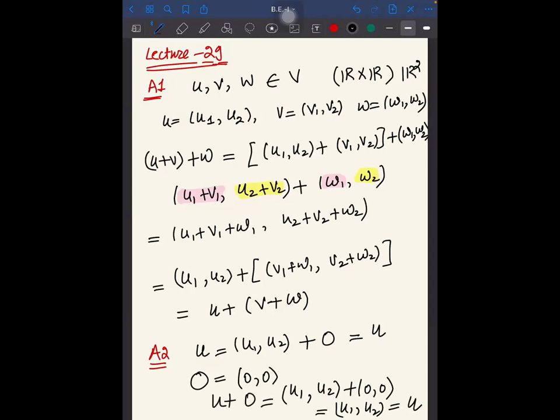If instead of R2 I'm working with R3, then u will look like (u1, u2, u3), and 0 will look like (0, 0, 0). So it depends on which kind of set we are working with, and on the basis of that we decide our identity element.